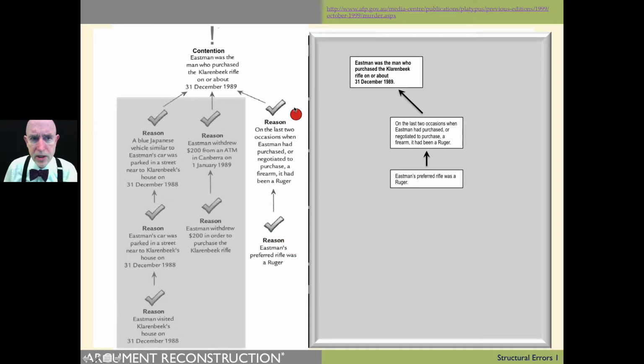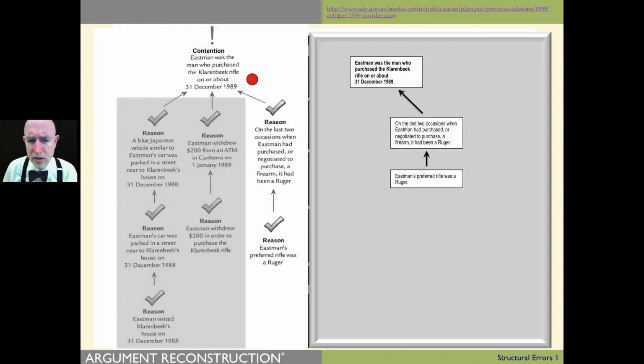So, to start out, here's the contention that was made. This is from the case. Eastman was the man who purchased the Clarenbeck rifle on or about 31 December 1989. So that's our conclusion, contention, the claim that's being made.